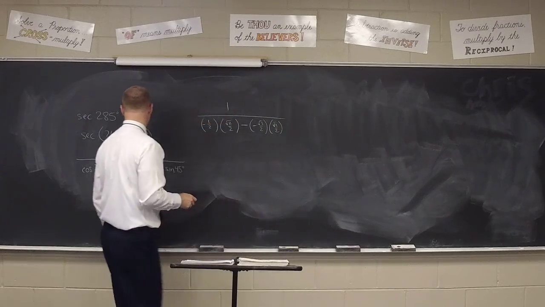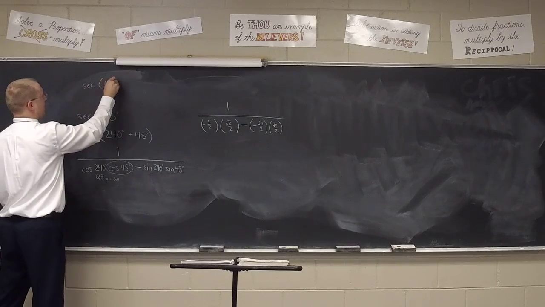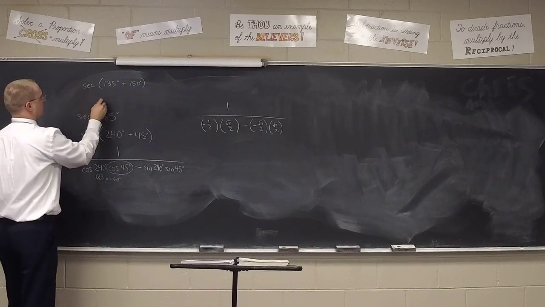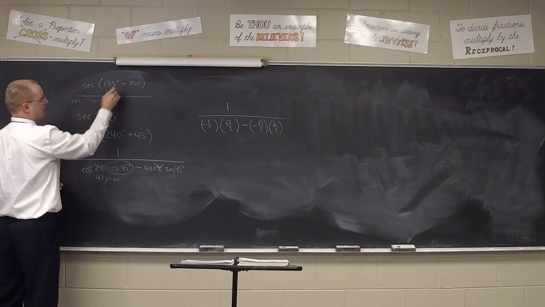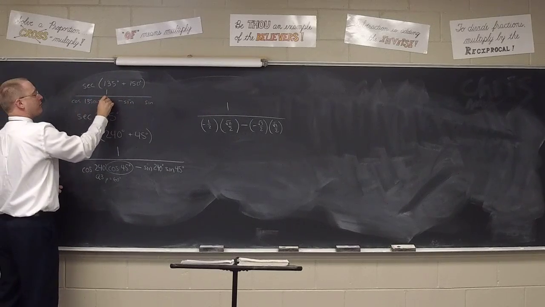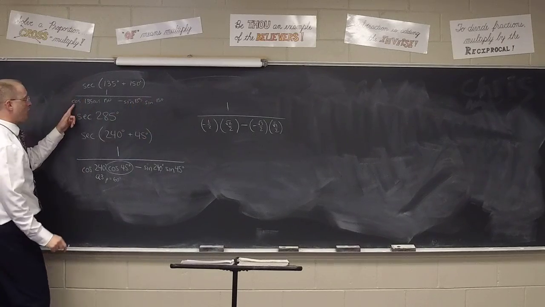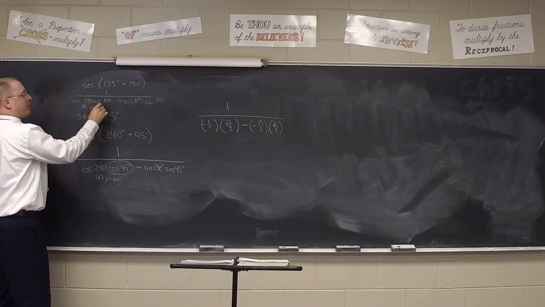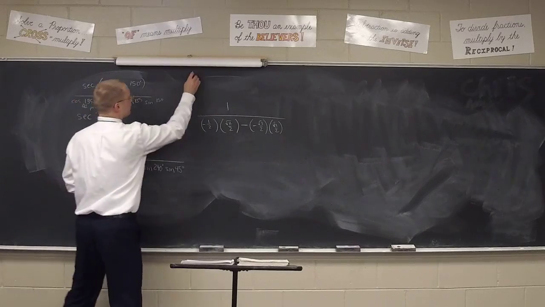I guess for those who did it the other way, let me show this initial step here. If you had the, was it 135 plus 150? Is that how you two set it up? All right, and so 1 over, and of course it's still cosine, sine, sine. You plug in the 135, the 150. Cosine of 135, that's quadrant 2, reference angle 45, becomes square root of 2 over 2, but negative.